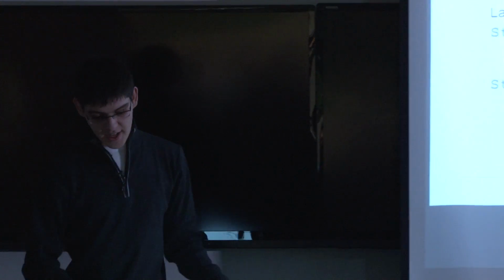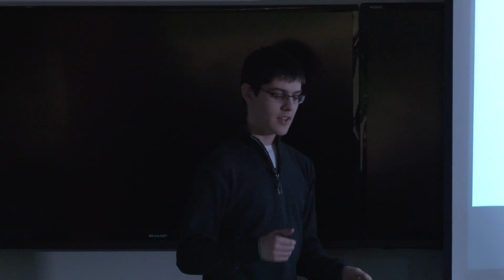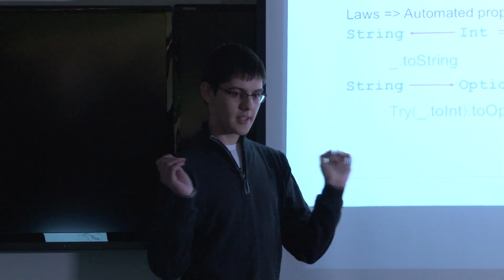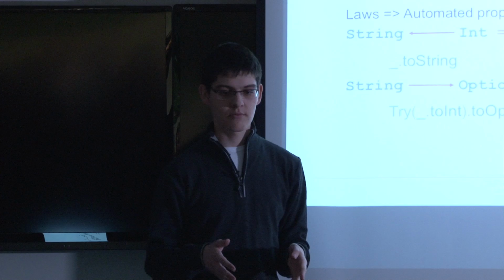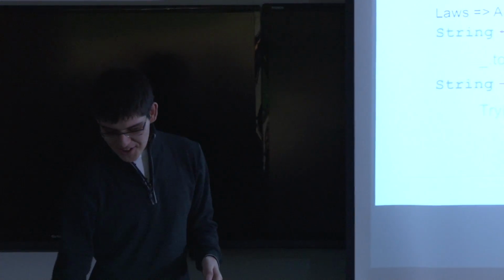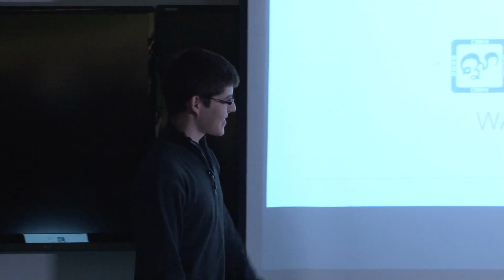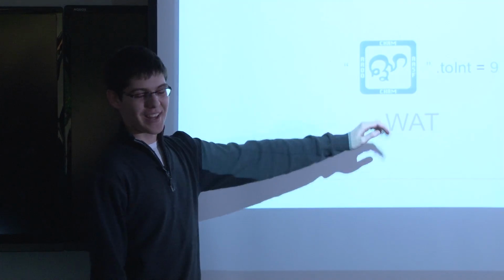So the nice thing about property testing is that the framework generates lots and lots of values for you and tests if the properties hold. So it turns out that this strange thing, if we do toInt, we get 9. Like, what? It's just in a different language, 9 or something.